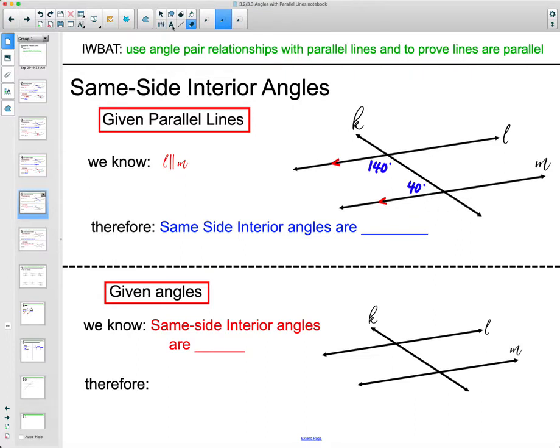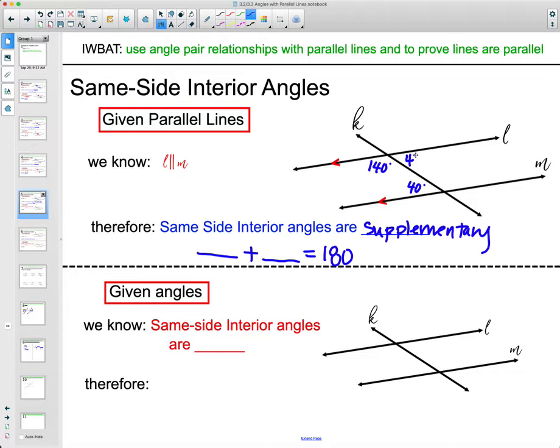So for same side interior angles when the lines are parallel, they are supplementary, meaning that they add up to 180 every single time you have parallel lines. Knowing that the lines are parallel forces the same side interior angles to be supplementary.